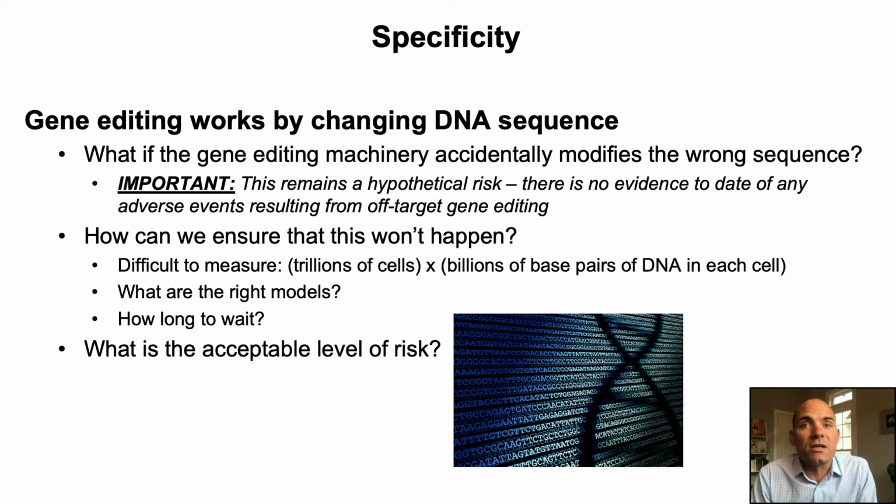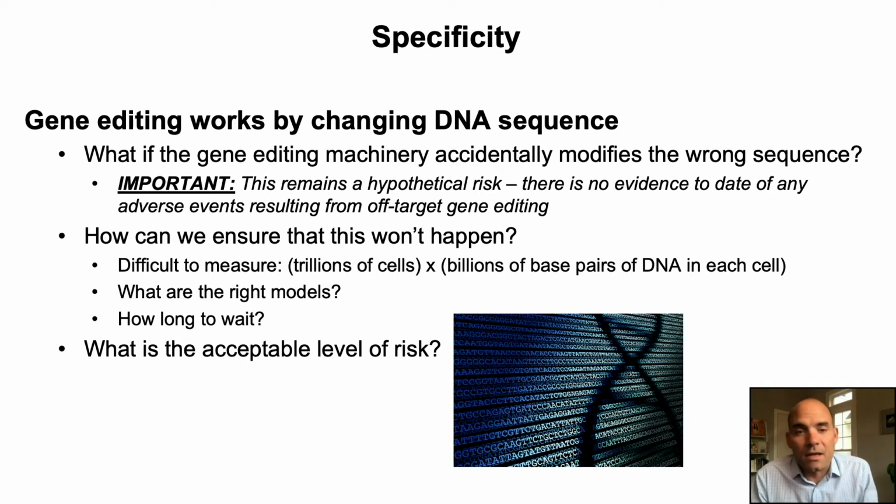Even though we know that it is possible under some circumstances in unoptimized systems for gene editing machinery to create off-target mutations, to my knowledge, there is no evidence to date of any adverse events in any preclinical model or in any clinical trial of something adverse happening as a result from an off-target gene editing event.